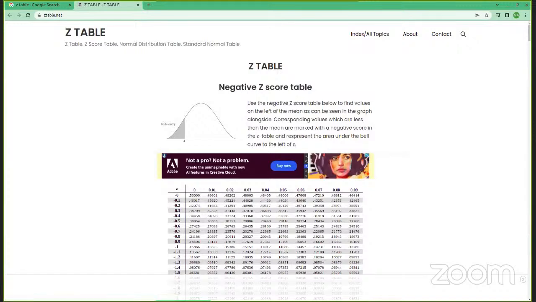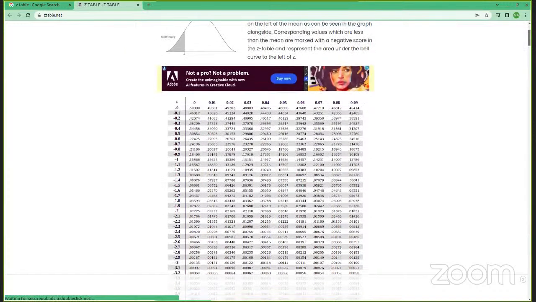Let me share the screen. Is my screen visible?